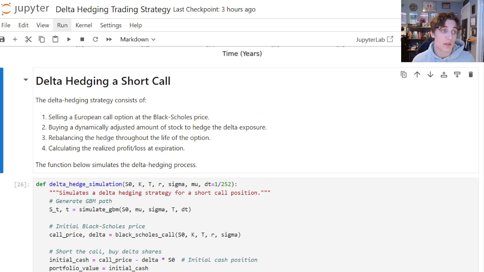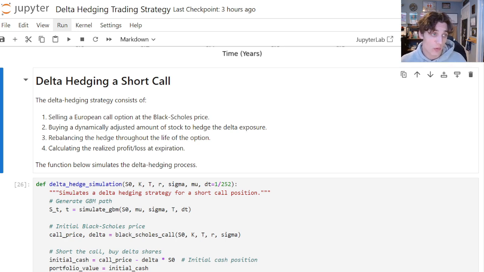So, how much stock should I buy? Well, I'm going to buy delta shares of stock. This is going to ensure that they perfectly offset. So if I buy delta shares of stock, my option price is going to go down by delta, my stock price will go up by delta, and vice versa.